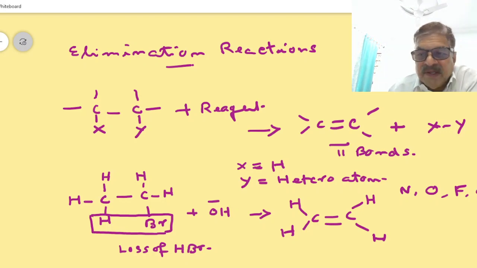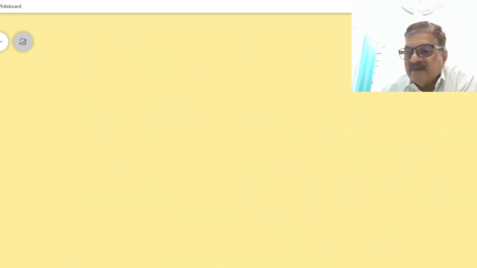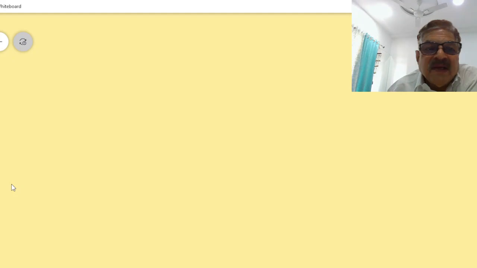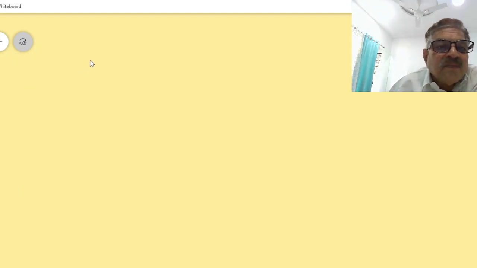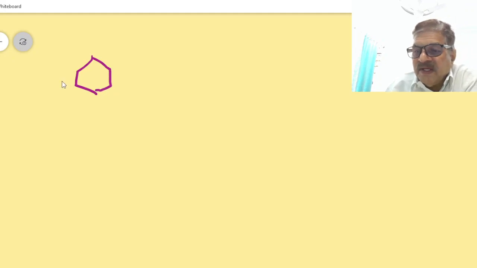If you take another example, we can draw so many examples in this fashion for elimination reactions. In a cyclic ring here, we can take cyclo, say we have an OH here.